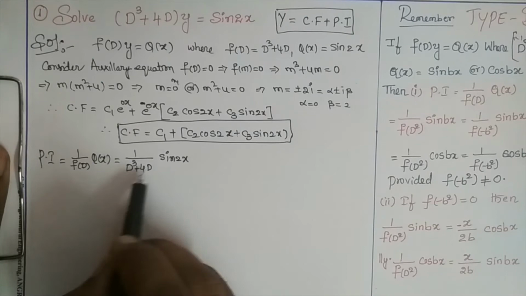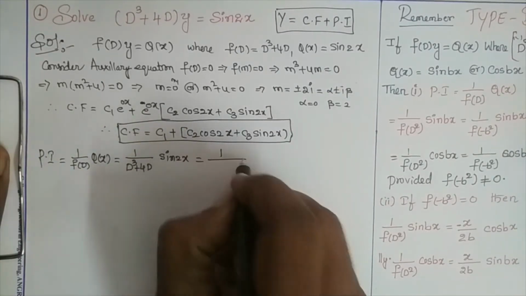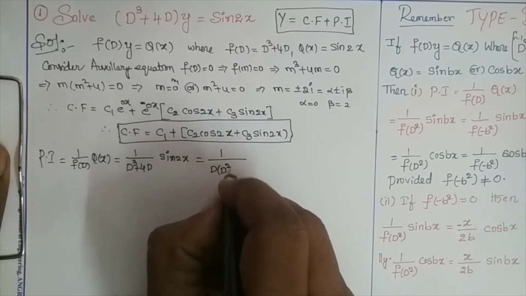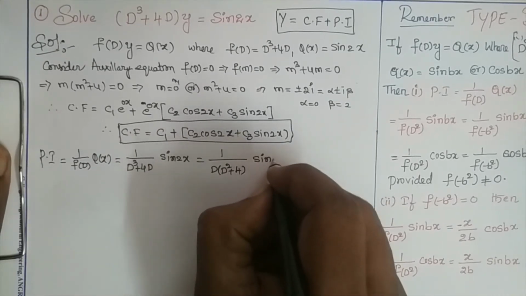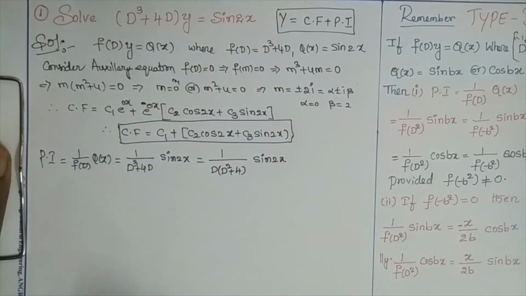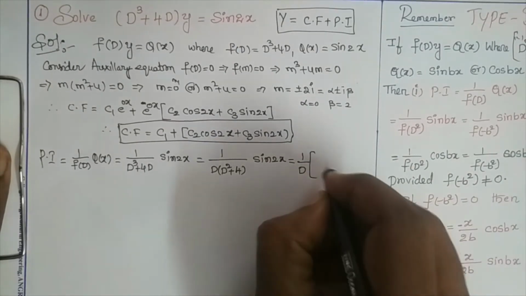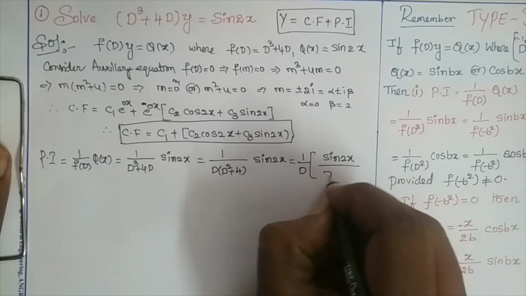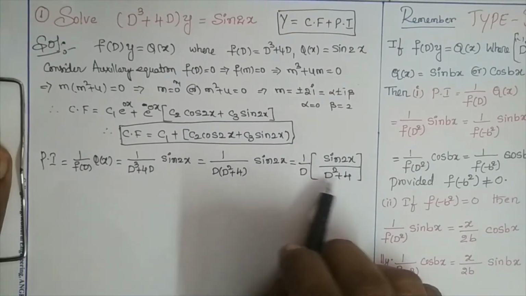So we create the D square term. For our convenience I write this as 1 by D into D square plus 4 into sin 2x. Again we can write 1 by D into sin 2x by D square plus 4.